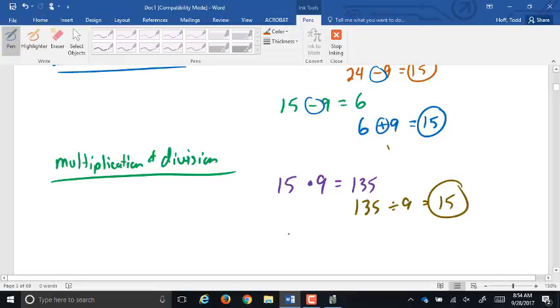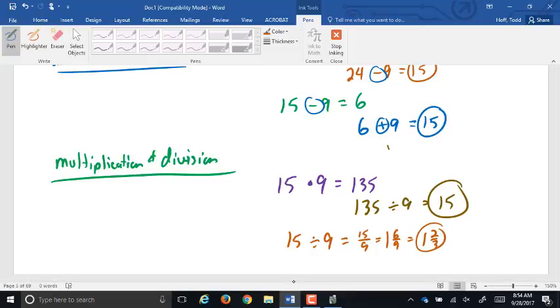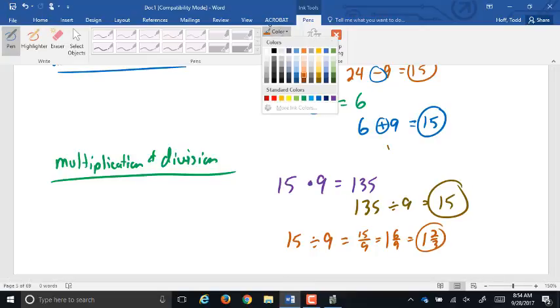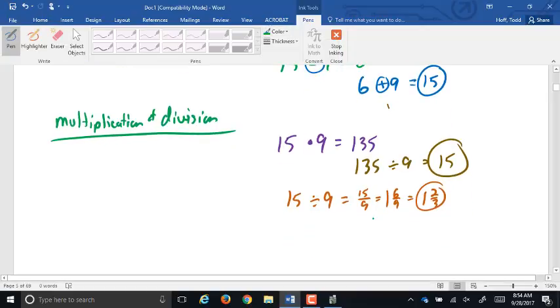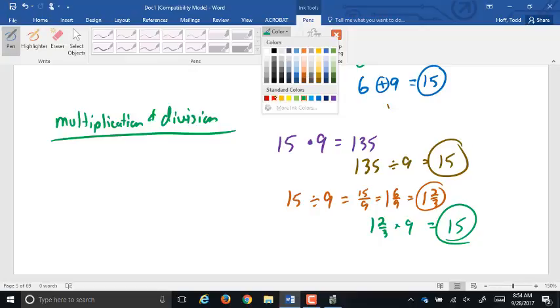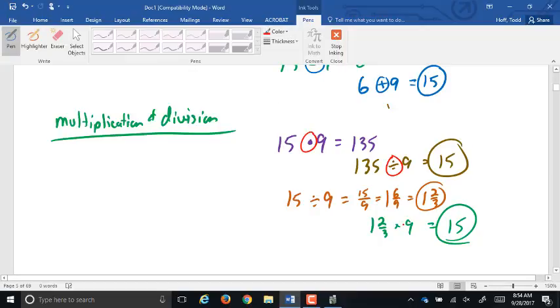If I do 15 divided by 9, that's just 15 over 9, 1 6/9, or 1 2/3, right? If I want to get back to the 15, what do I have to do to my 1 2/3? Times it by 9. So again, division can reverse multiplication, and multiplication can reverse division. Doesn't matter which one comes first. They invert each other. They do the opposite or reverse each other.